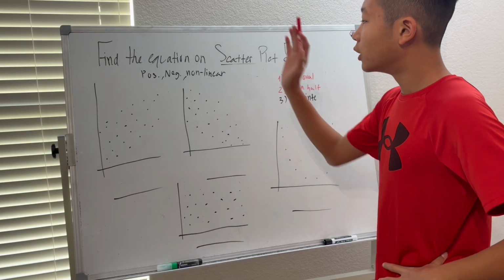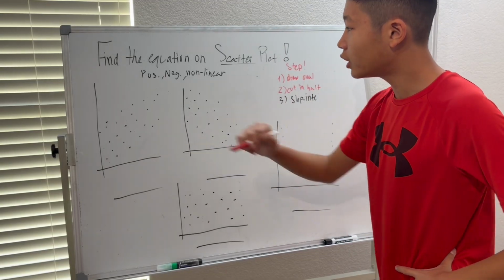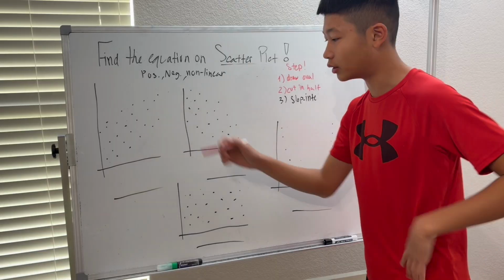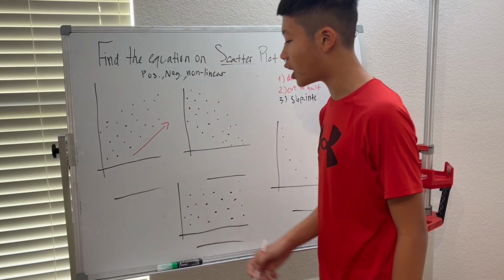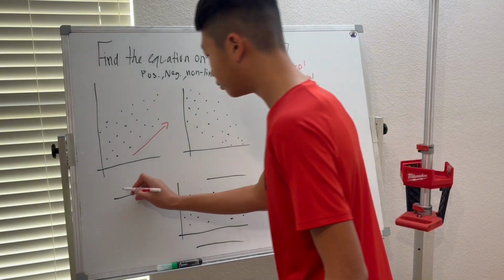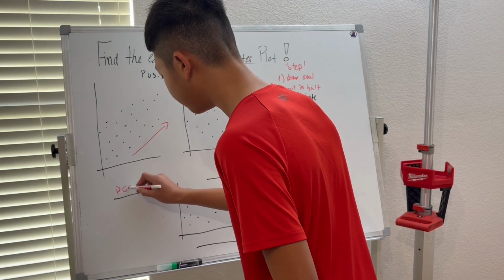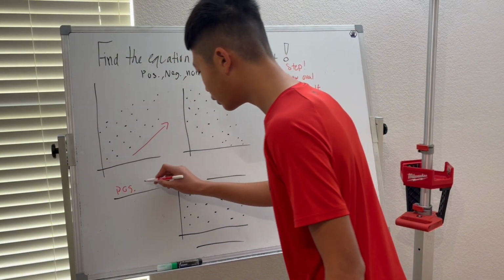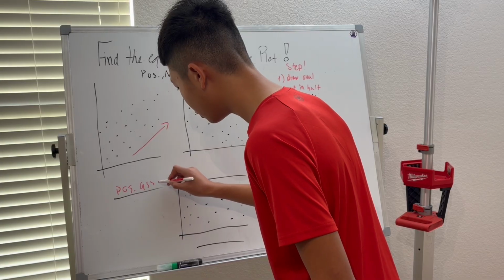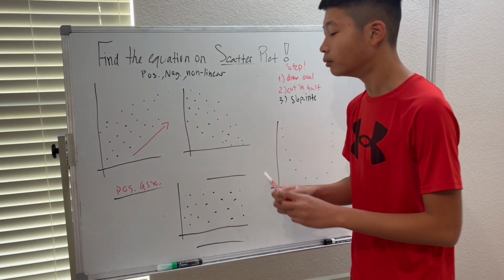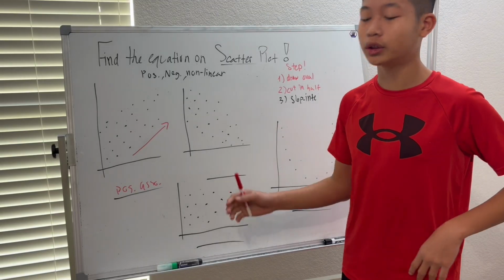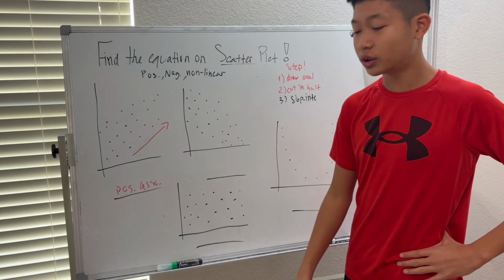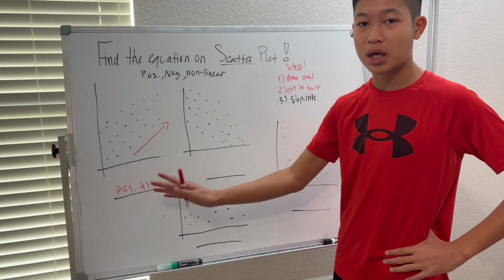So, as you see here, it rises up. So this is a positive association. If your teacher asks you what type of association this is, you want to say positive association.